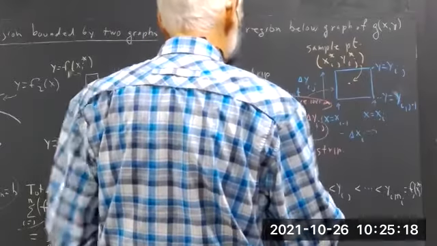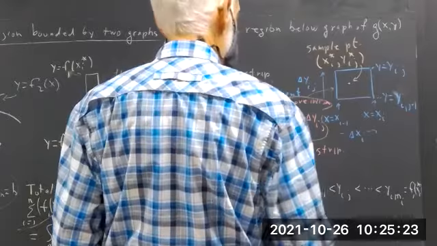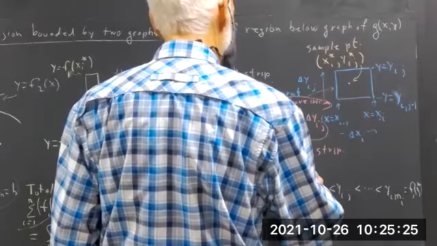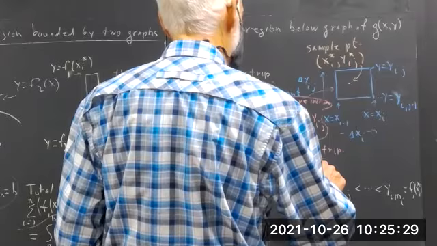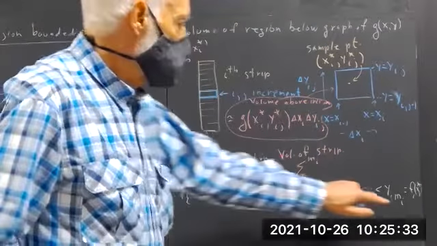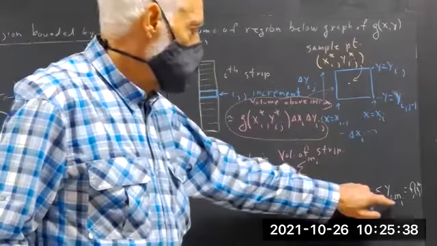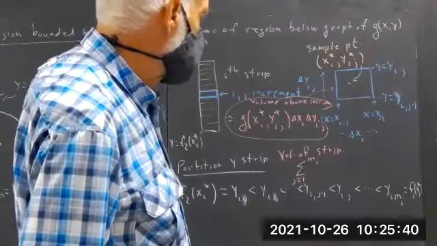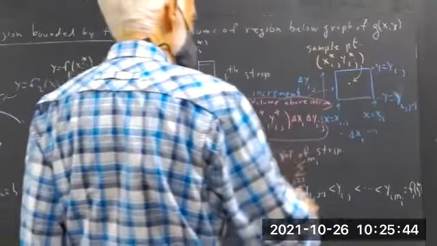And that's just going to be the sum from j equals 1 to m sub i, because of course a partition takes us from j equals 0 to j equals m sub i. And this expression.